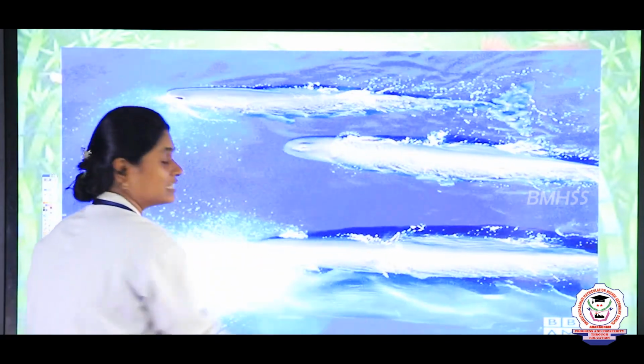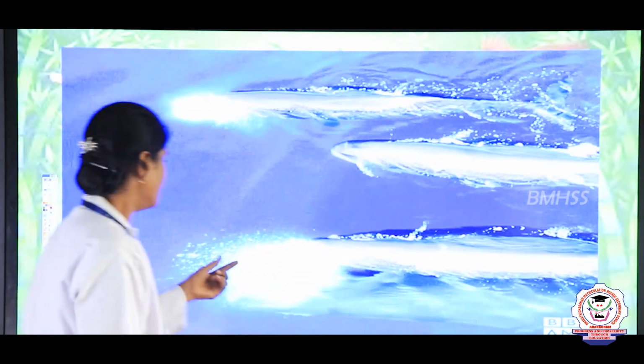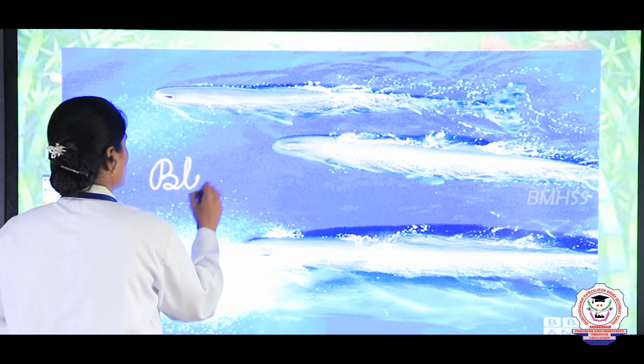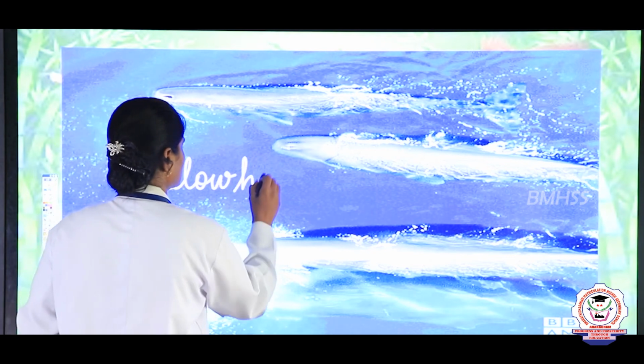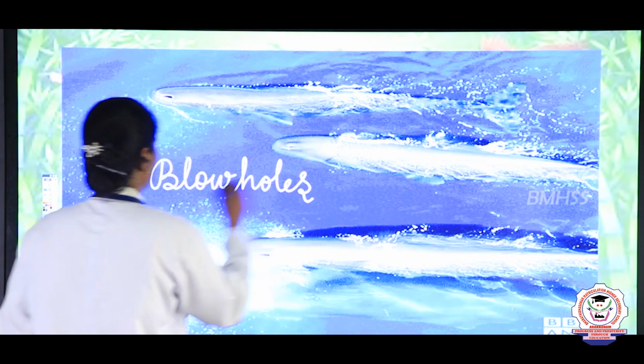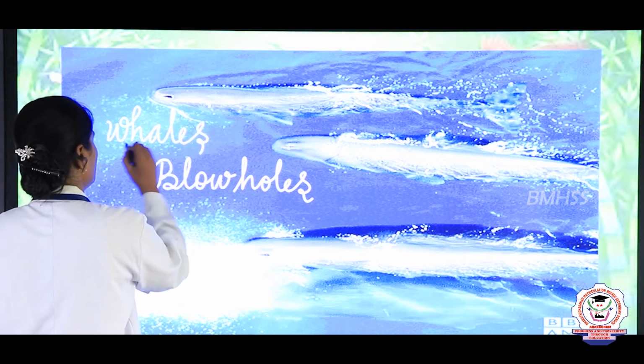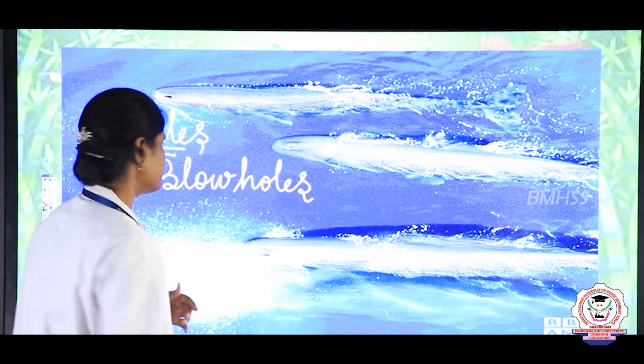So whales breathe with the help of blowholes on the top of their head. If you look at the top, there is a hole, that is called blowholes. So whales breathe with the help of blowholes, right?